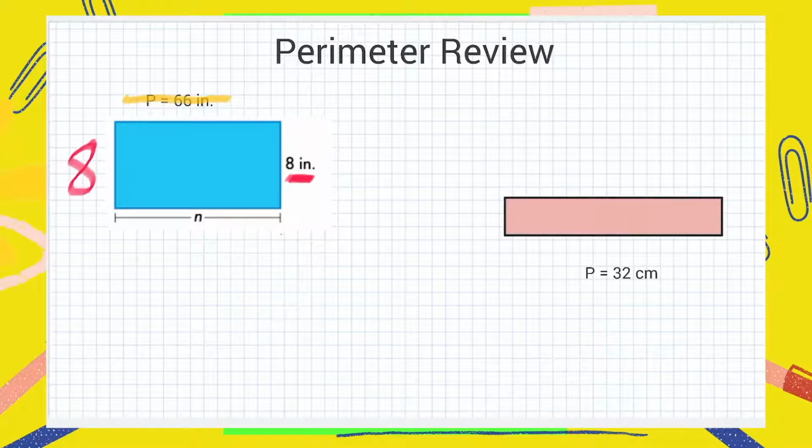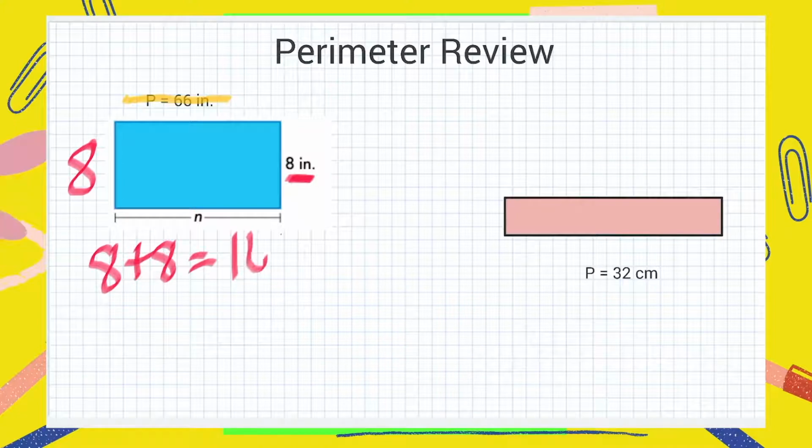This is also 8 inches. So together, 8 plus 8 equals 16. I know that of the 66 inches, these two sides make up 16 of those. Take a minute to think what I should do next.